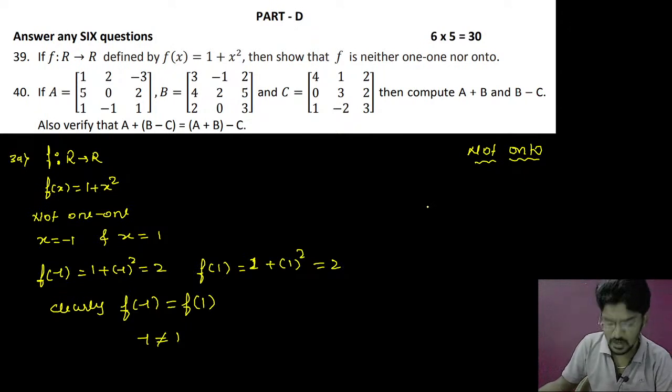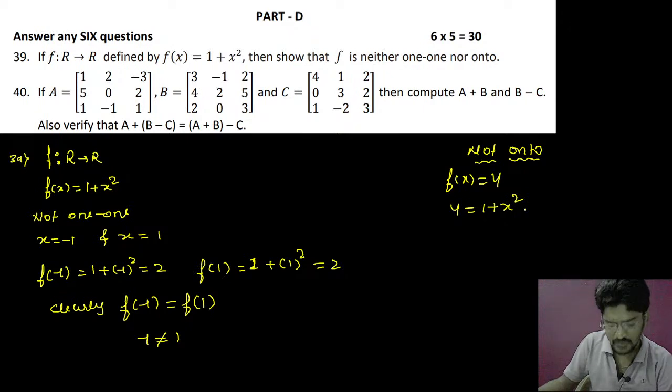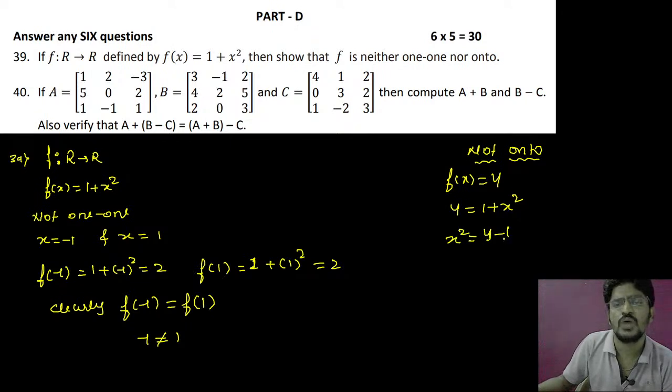You can write it is not onto, but we can also write it as f of x equal to y. We can consider our given function where y is equal to 1 plus x square. So we can take f of x equal to y as our given function, which is our notation. So y equal to 1 plus x square. Now x square is equal to what? y minus 1, and x will be equal to root of y minus 1.